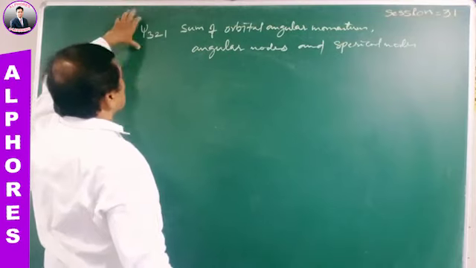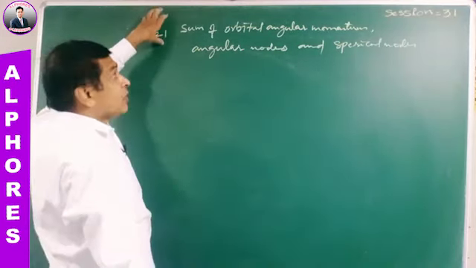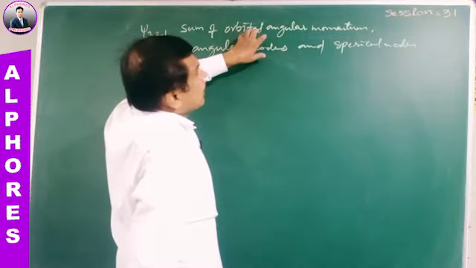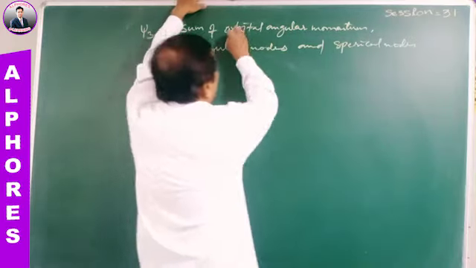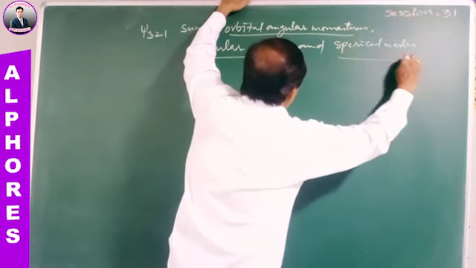So for psi 321, find out the sum of orbital angular momentum. Then angular nodes and spherical nodes we have to identify.